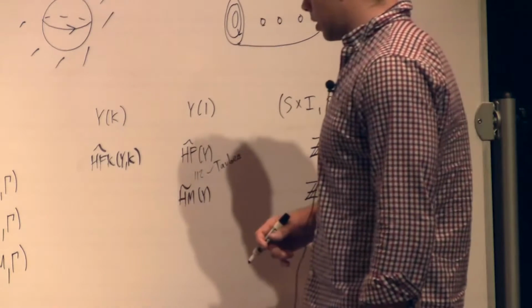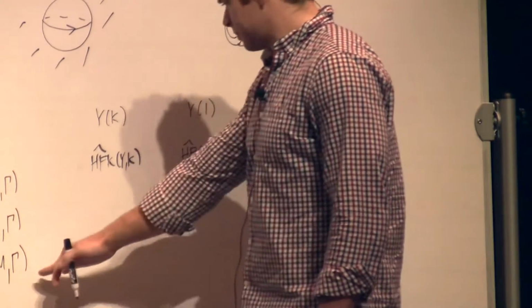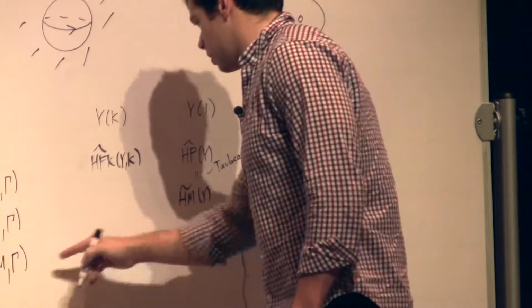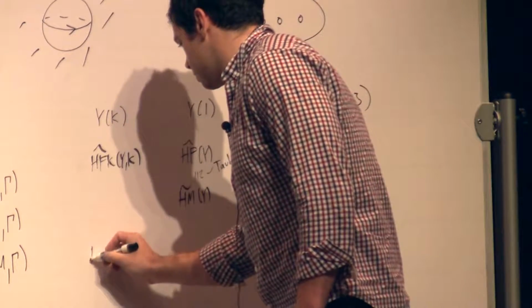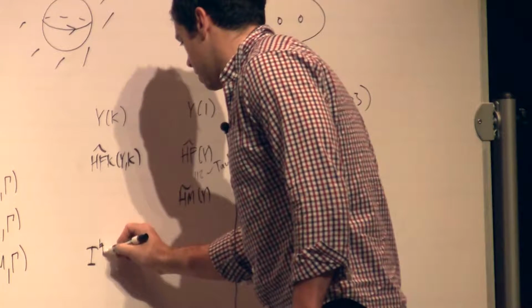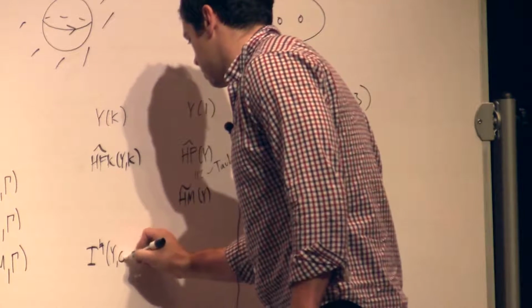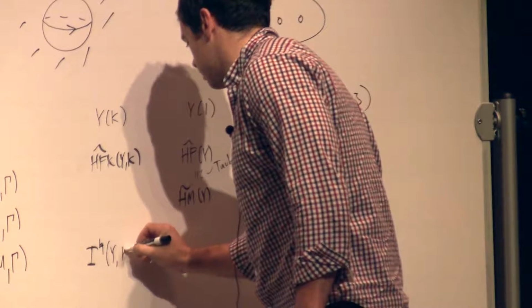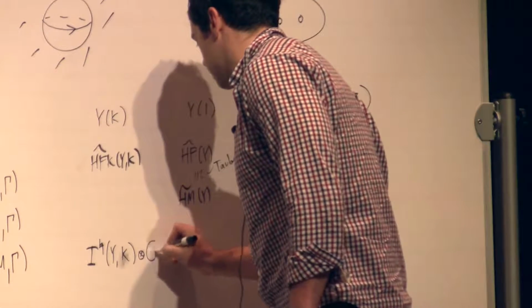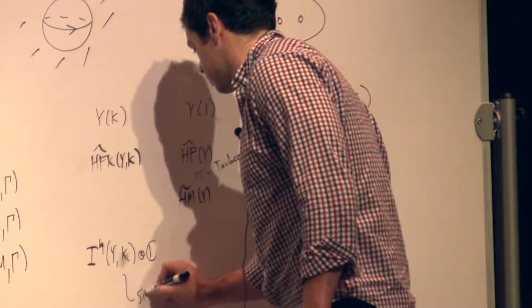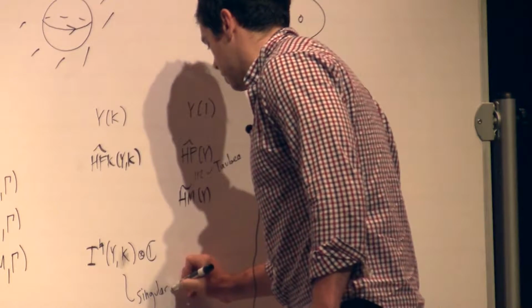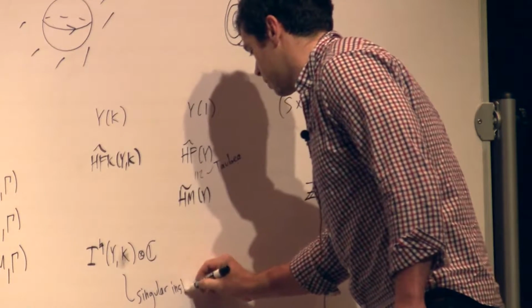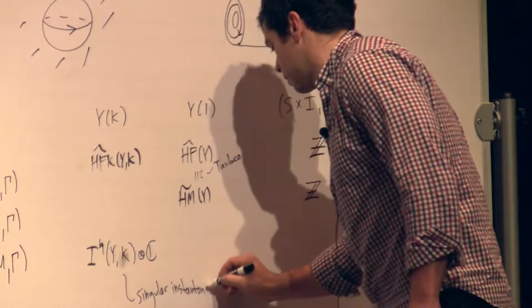In the instanton Floer world, for the sutured knot complement, what you get is isomorphic to another invariant of knots in instanton Floer homology, also defined by Kronheimer and Mrowka, called singular instanton knot homology.